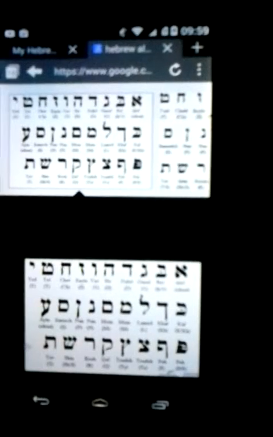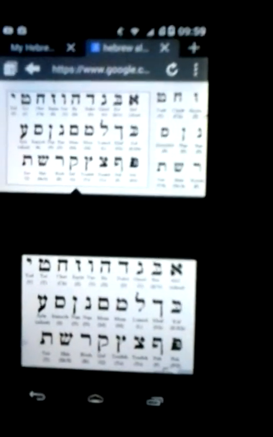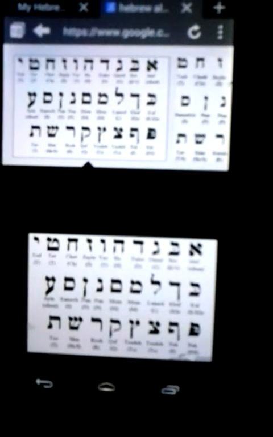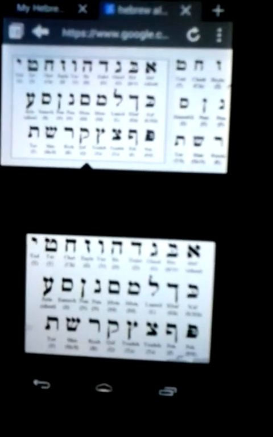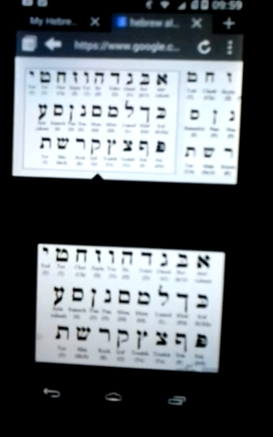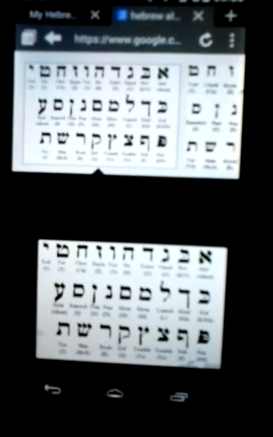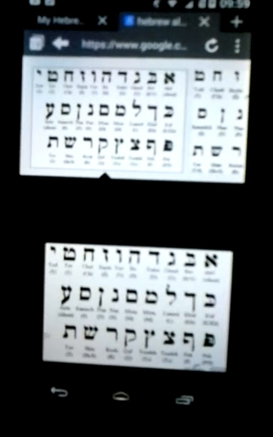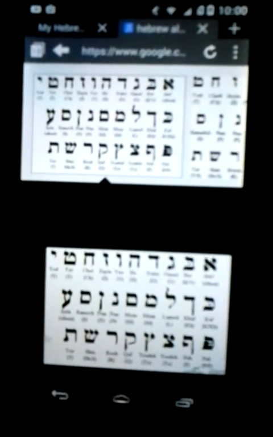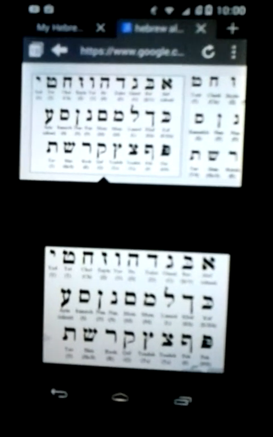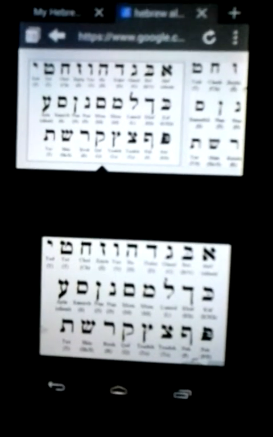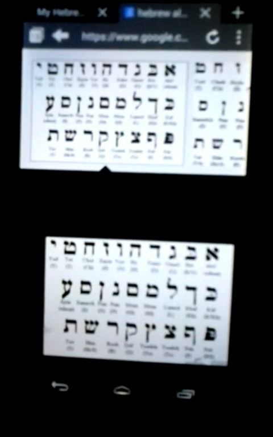Clearly, this is a recording of the Hebrew alphabet. And as English reads from left to right, many of the Semitic languages, like Hebrew and Arabic, read from right to left.